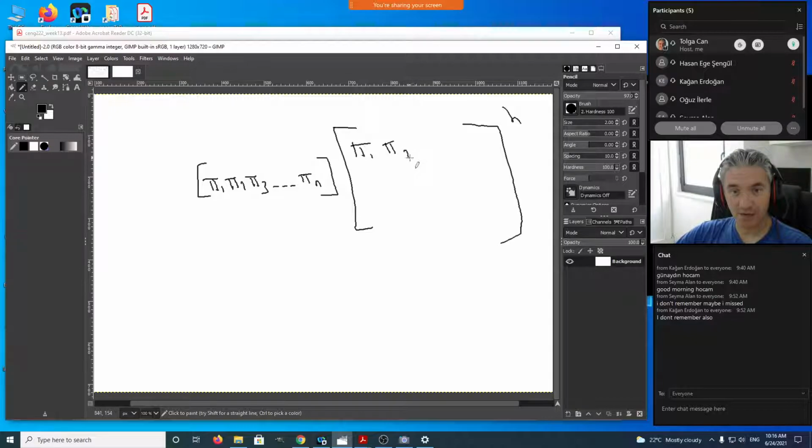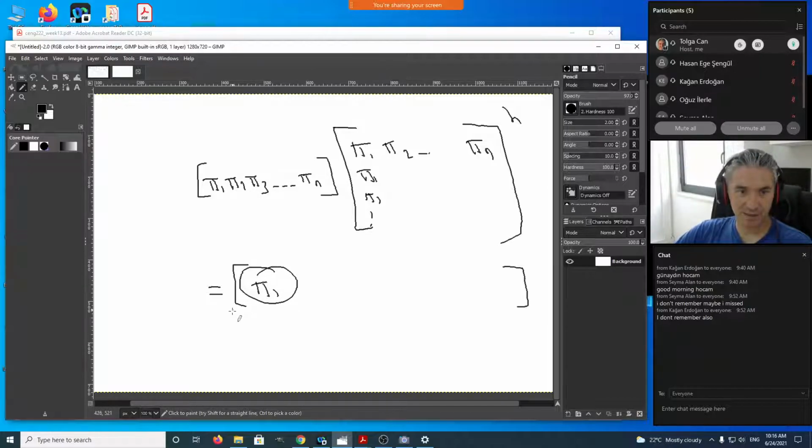Pi 1, pi 2, and pi n. The first column is all pi 1. Okay, so if you multiply this, let's look at the first entry of the result. It should be pi 1, right? Is it like that? Let's see. Well, actually, it doesn't seem to be like pi 1.